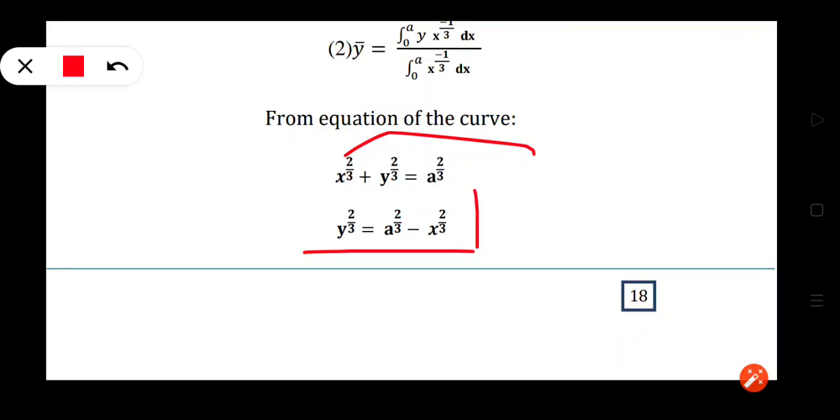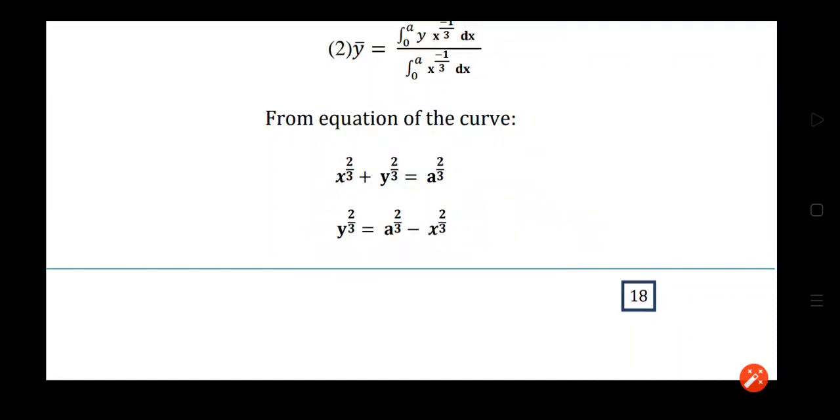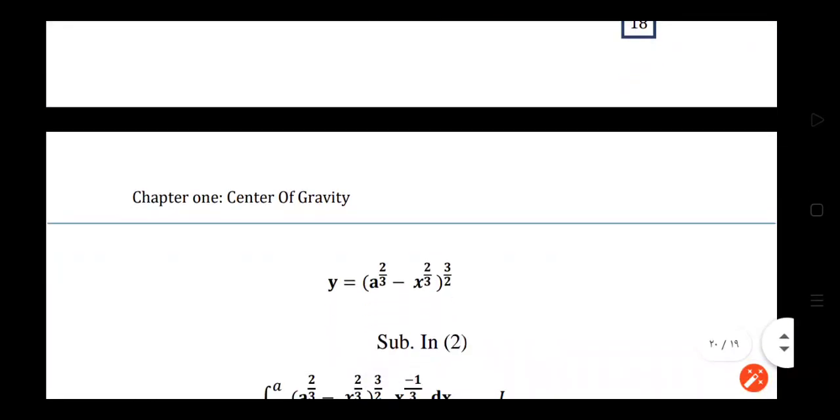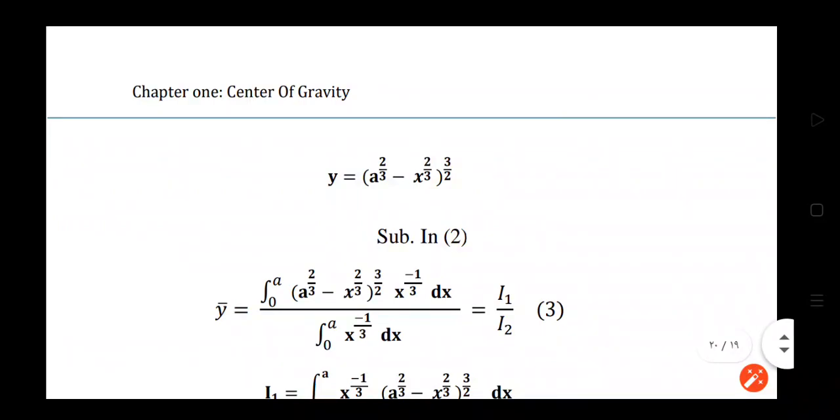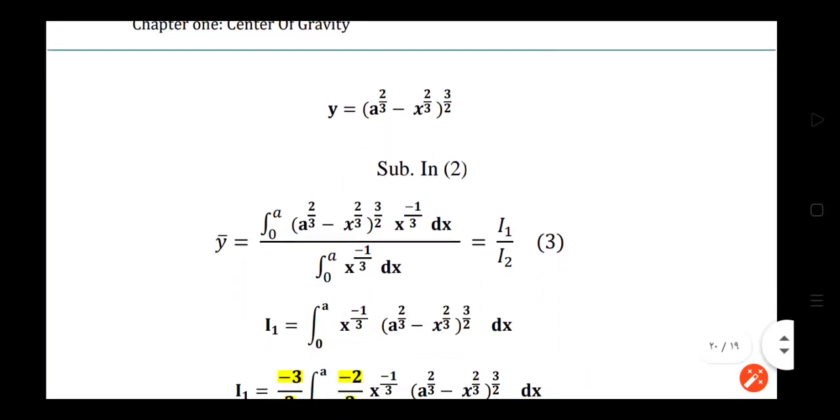Raising both sides to the power 3 over 2 to find the value of y, y equals brackets a power 2 over 3 minus x to the power 2 over 3, all to the power 3 over 2, and put it in relation 2.